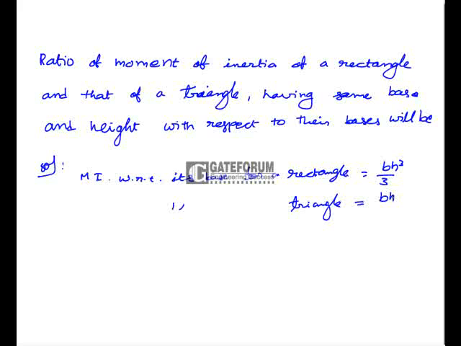bh cube by 12. But we know that generally the area moment of inertia for a rectangle is bh cube by 12 and for a triangle is bh cube by 36. But these are the moment of inertia about its center of gravity or its central axis of the objects. But here it is asked that the ratio of moment of inertia with respect to their bases.